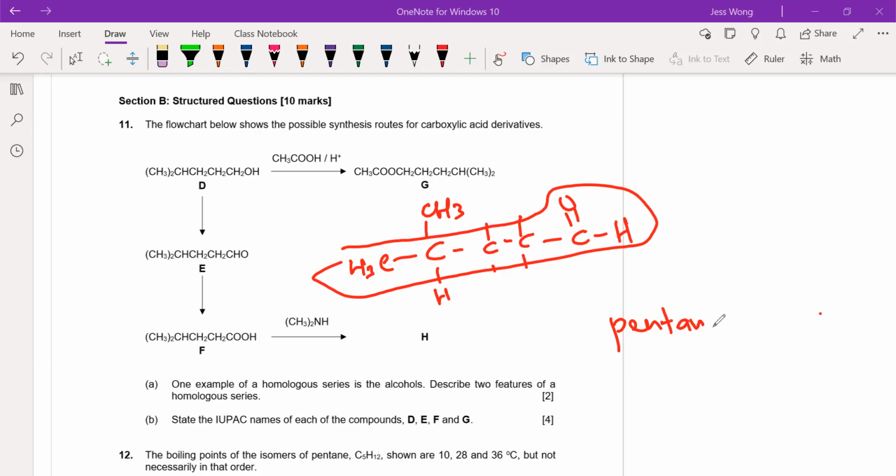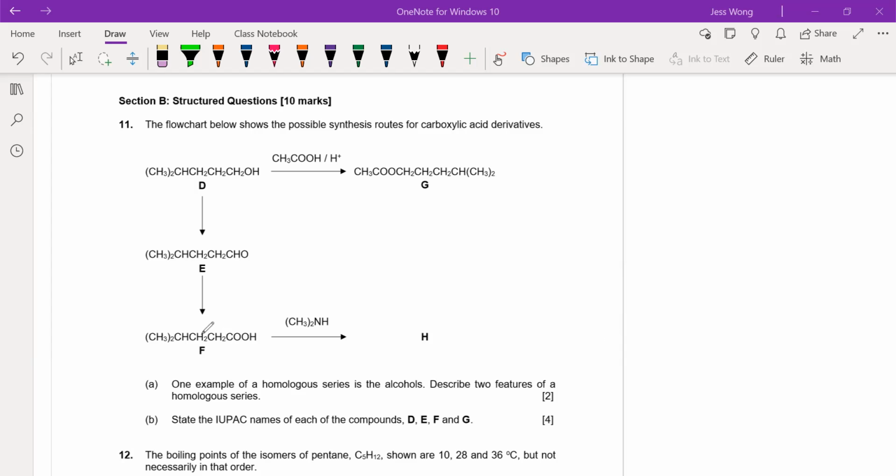There's no need to say penta-1-al, because the default is 1. So it's called 4-methylpentanal. All right, that is for E. Now for F, if we sketch out F, you'll find that it's a carboxylic acid. So it's called pentanoic acid, and then we have 4-methylpentanoic acid.